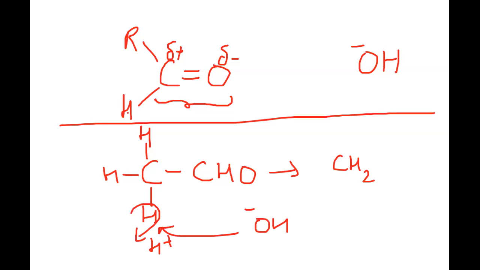You are left with CH2 and CHO, and this is going to carry a negative charge. So it is this nucleophile that is going to attack the carbonyl carbon in the aldol condensation process. Therefore the presence of a base is very important. Now let us see what happens.